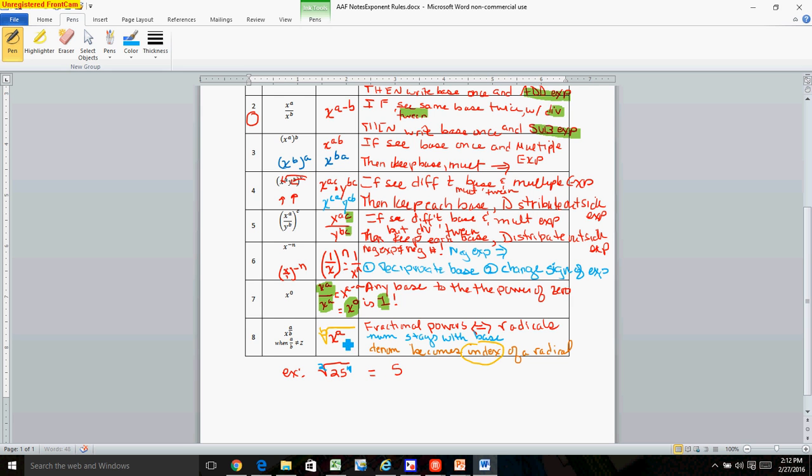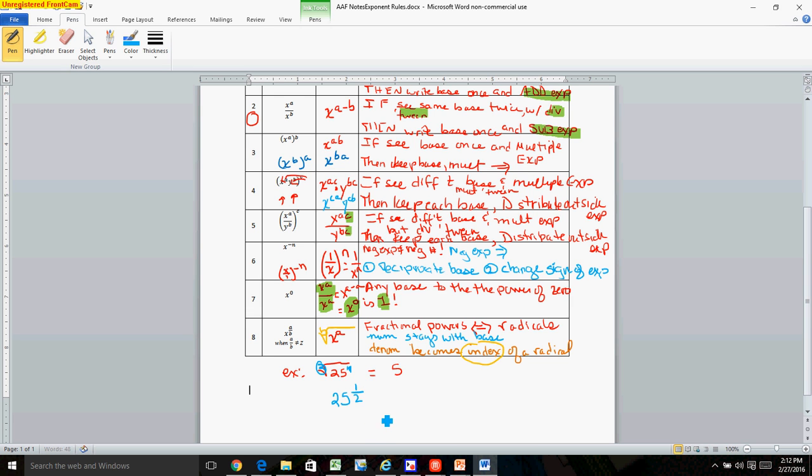Now let me use this property backwards. This means that the square root of 25 can actually be written this way: 25 to a fractional power, where the numerator was the power that you saw on 25, and the denominator was the index of the radical.